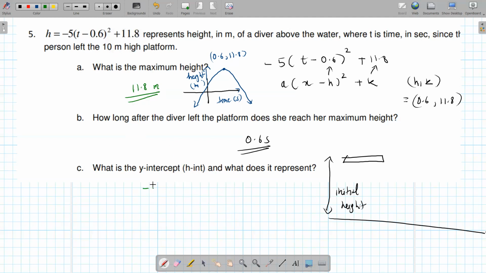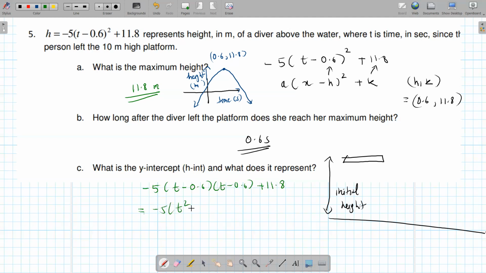So to open the brackets, we're going to rewrite this as -5 times (t minus 0.6)(t minus 0.6) plus 11.8. We're just opening the brackets to see what the actual b value is, and that is going to be the initial height of the diver. So t to the power of 2.